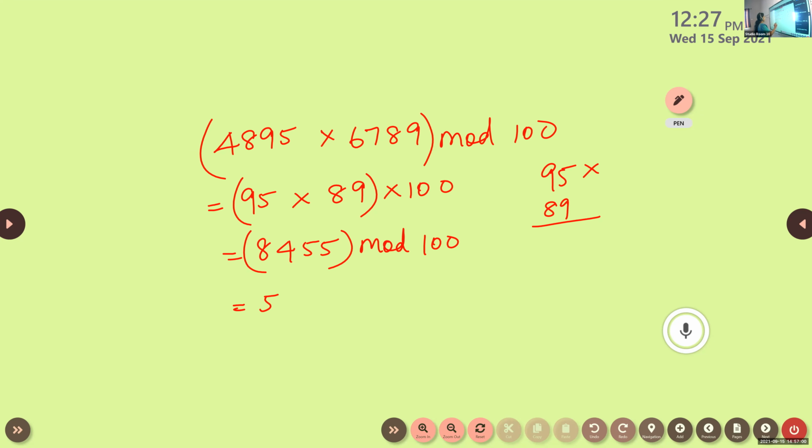This 55. Okay, if here it is asked 2 places, that is why we divide it by 100. If it is 3 places, means you divide it by thousands. Next one.